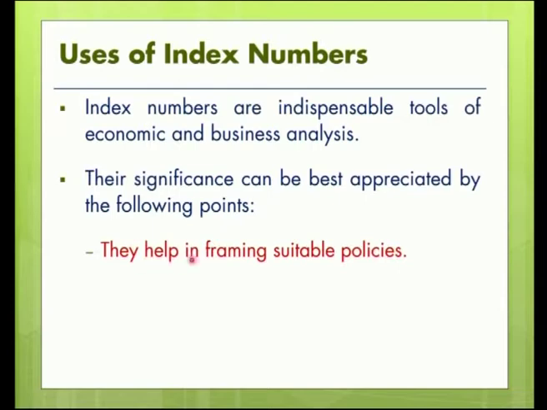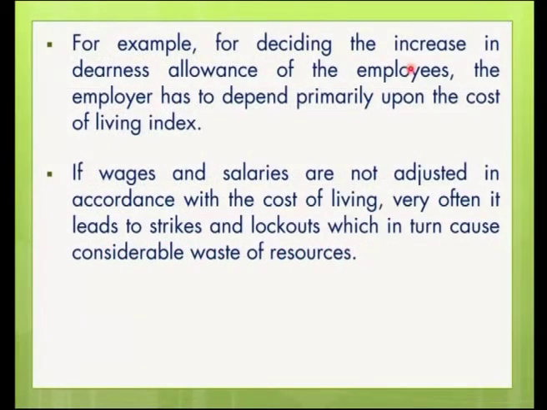They help in framing suitable policies. For example, for deciding the increase in dearness allowance of the employees, the employer has to depend primarily upon the cost of living index. This cost of living index is otherwise called the consumer price index number.